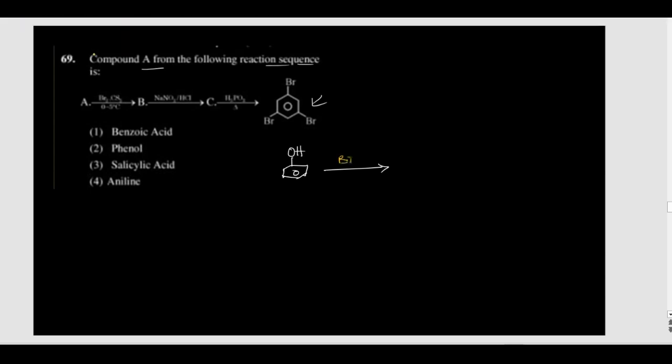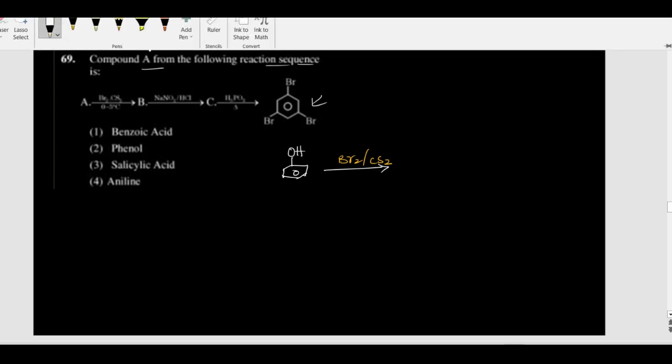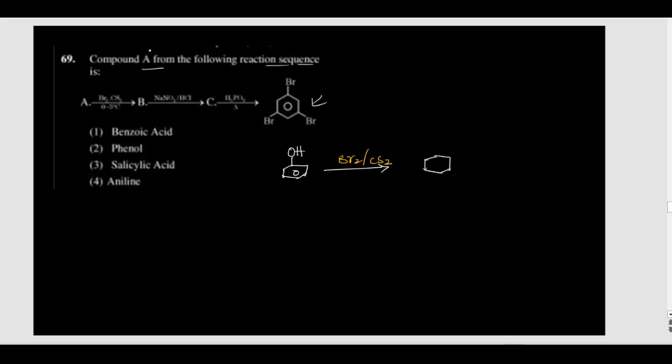If you take Br2 in the presence of CS2, we'll get ortho and para products. Here it will substitute on para, and again we'll get one more ortho product.